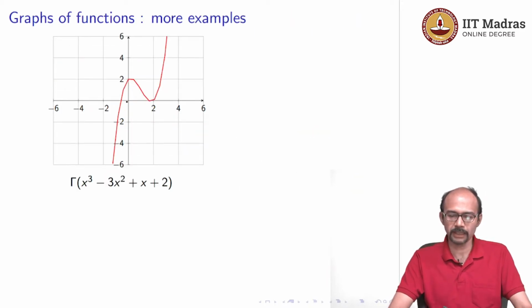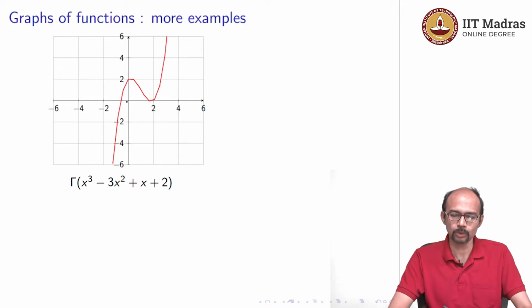Okay, here are a couple of other examples. Here is a slightly more complicated graph to plot. This is x cubed minus 3x squared plus x plus 2. You can see that as x is between, let us say, minus 1 and 3, the graph is kind of bounded.